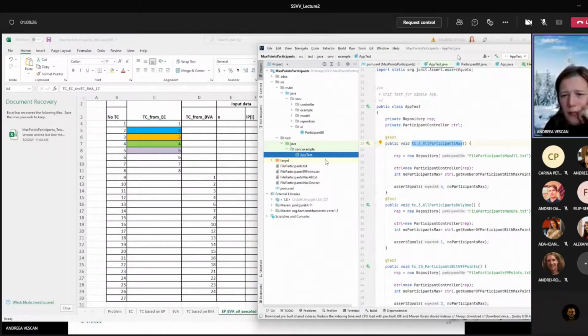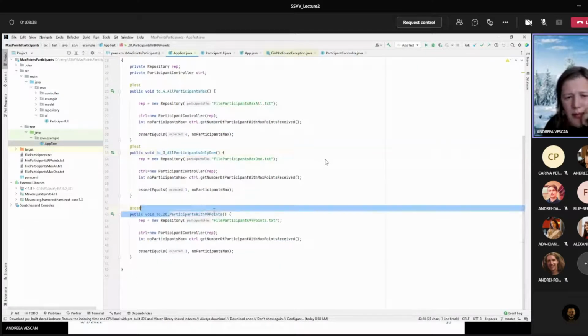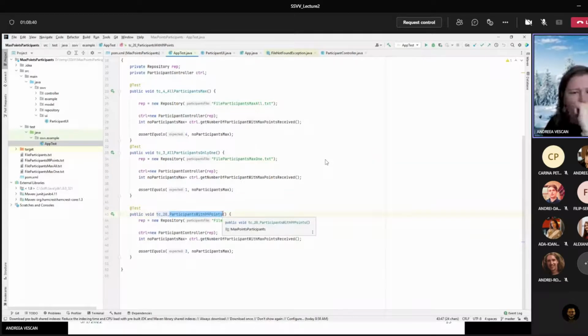So for example, I have a case with all participants having the maximum points, all the participants but only one having the maximum points, or participants with 99 points, right? These are the boundaries for how many points a participant can have.